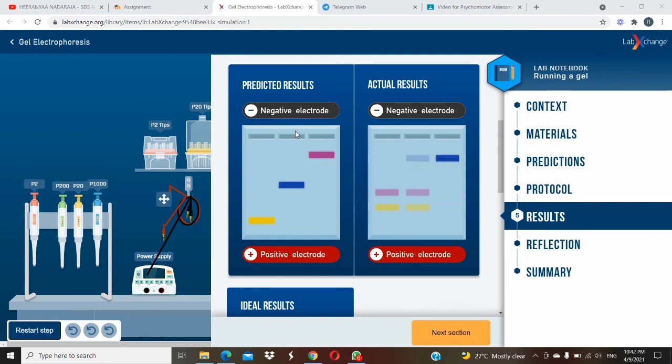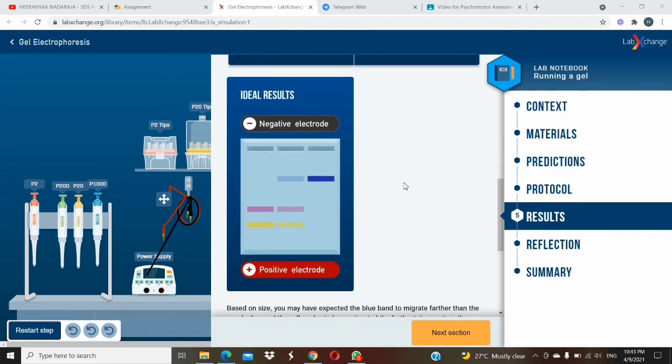But my prediction was quite wrong, because here the yellow dye is the fastest and farthest from the well, but the blue dye is the slowest with the least distance. The purple dye was in the middle. Here we go. This is the ideal result.